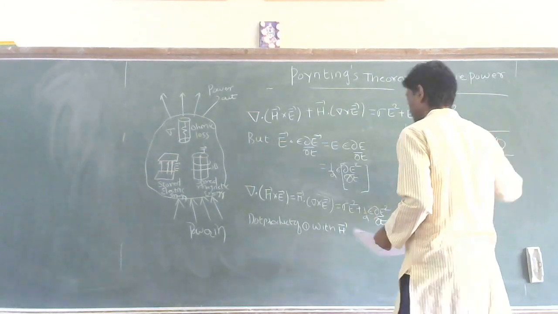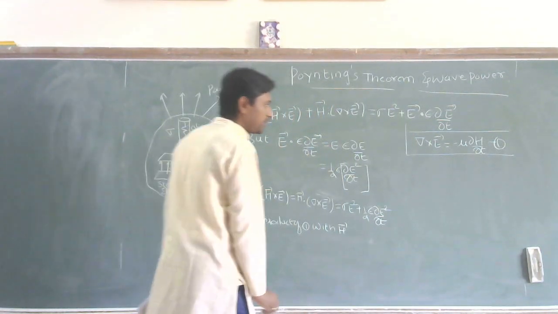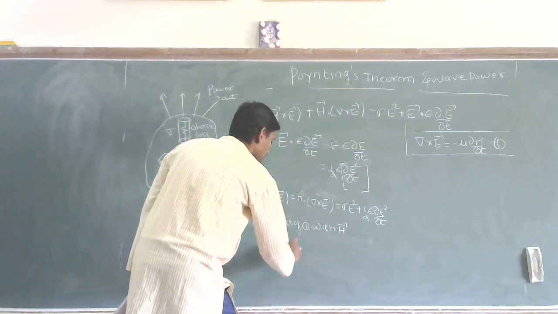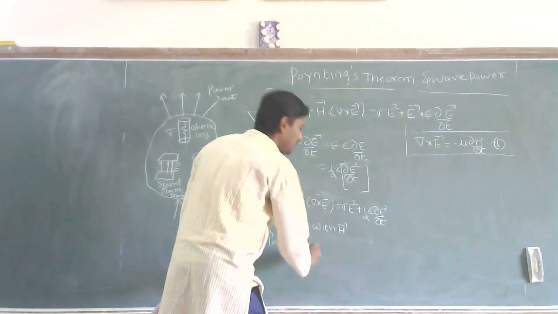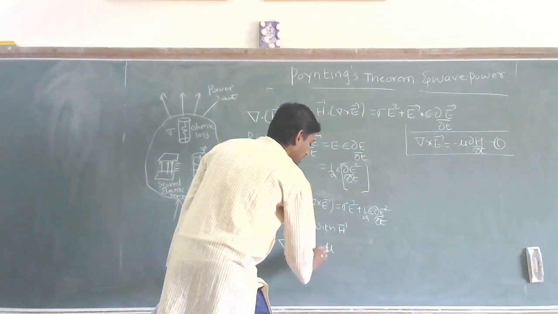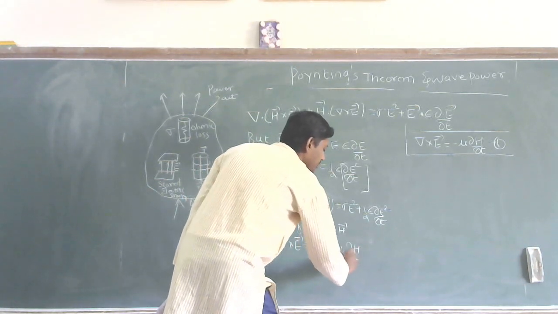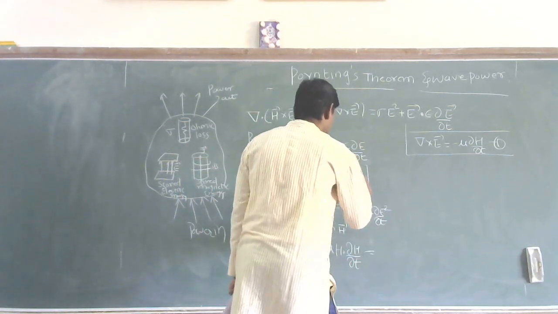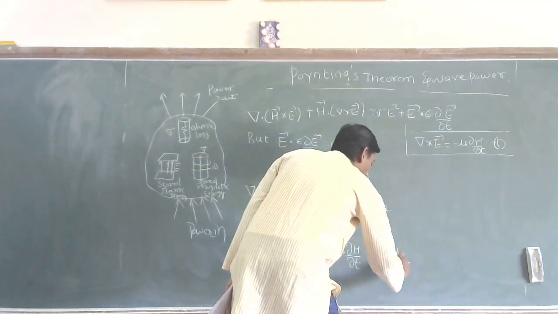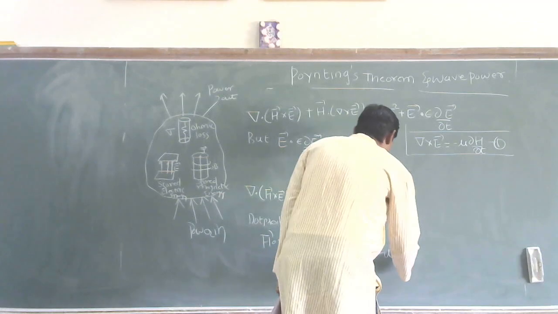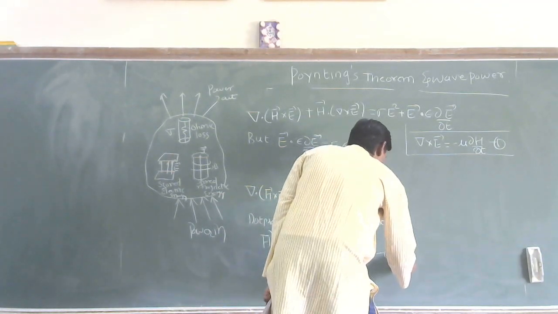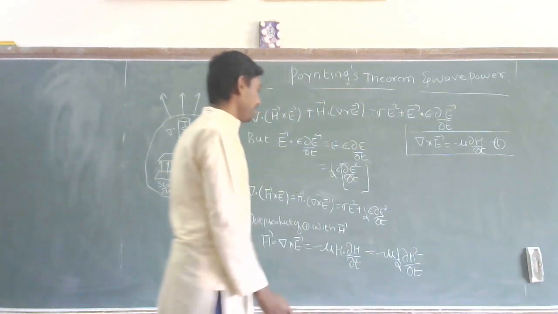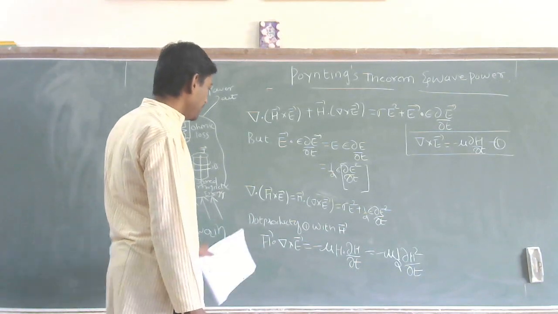If I take a dot product with H on both sides, it is H dot (del cross E) equal to minus mu H dot dou H by dou t. And we know, as I discussed over here, this can be written as minus mu times 1 by 2, dou H square by dou t. So we could really check that.